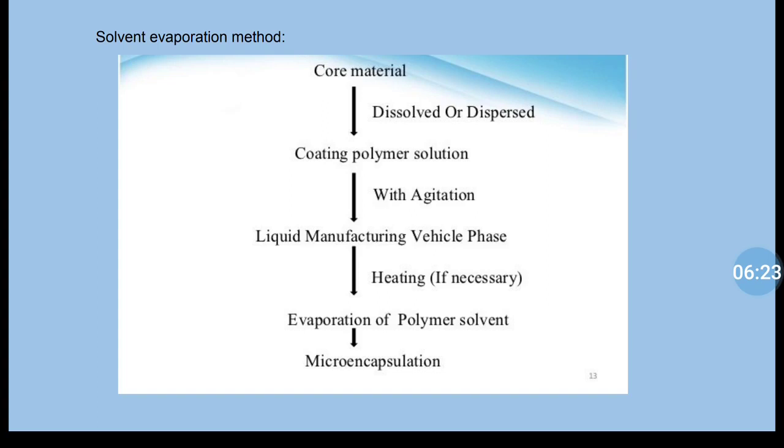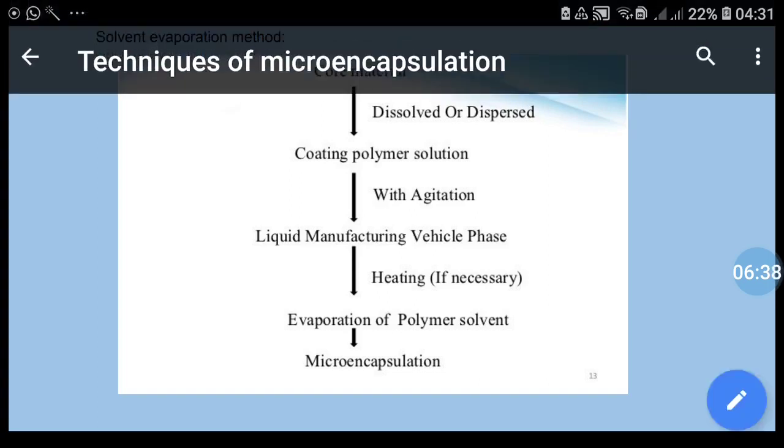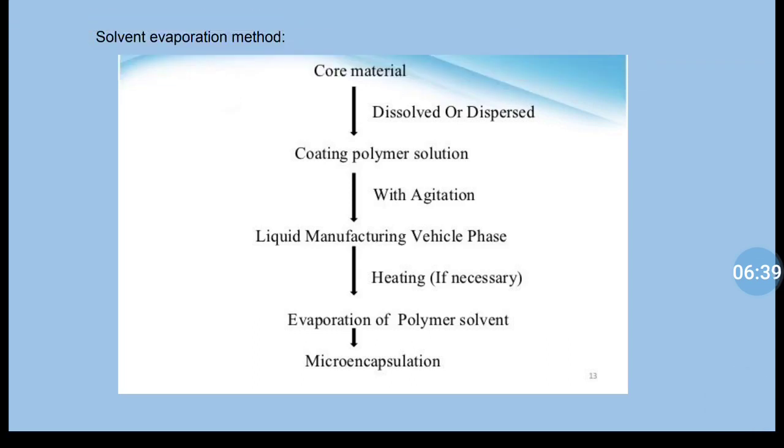The liquid manufacturing vehicle phase is evaporated by different methods. The method can generally be a heating method, so that it causes evaporation of the polymer solvent. So evaporation of polymer solvent causes deposition of the polymer onto the core material, and the microcapsules are formed.